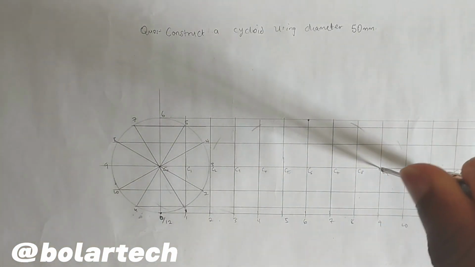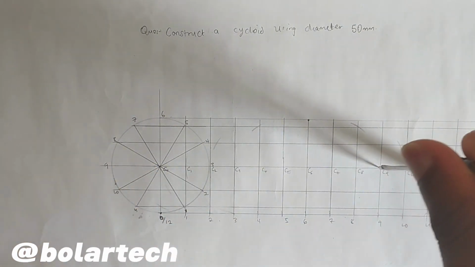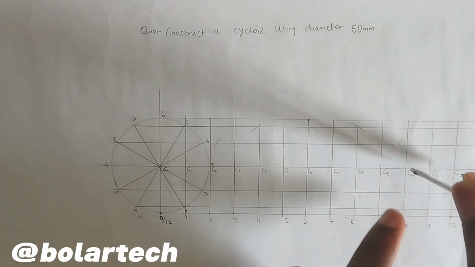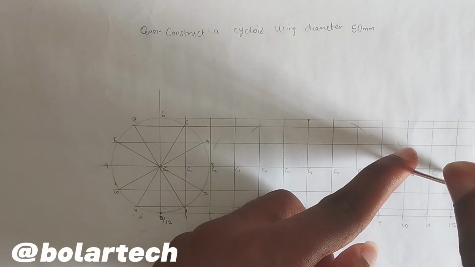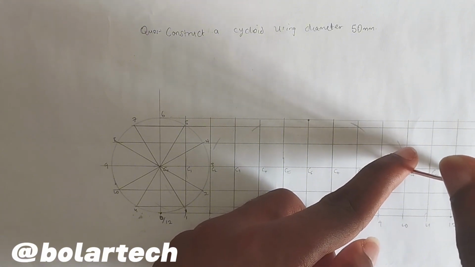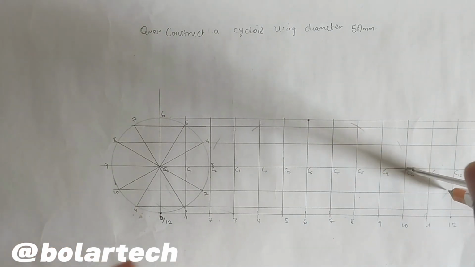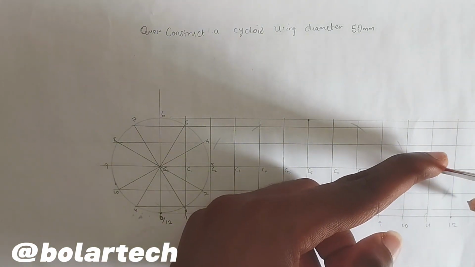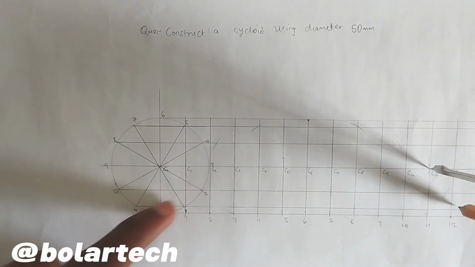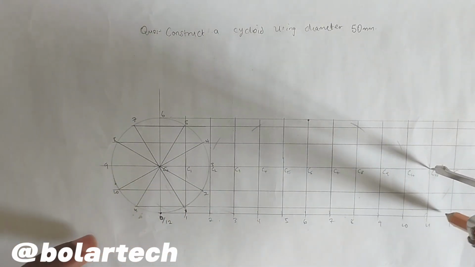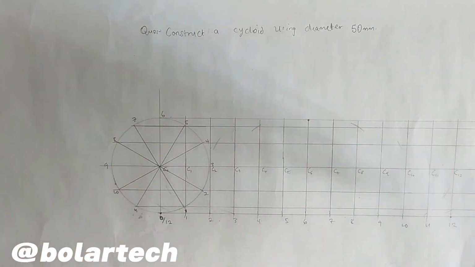This is line 9, so we pick it. Then move to C10. This is 10, so we pick it. Move to C11. This is the 11 and 1 line, so we also pick the point here.